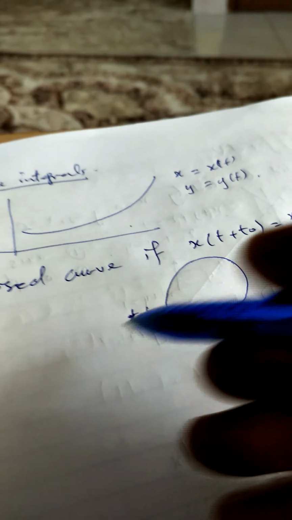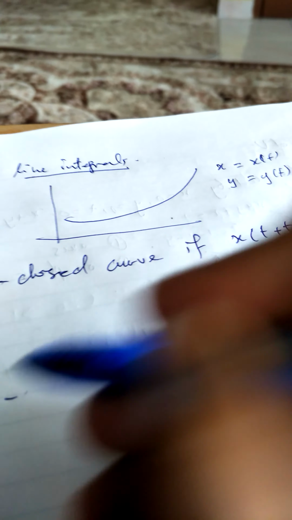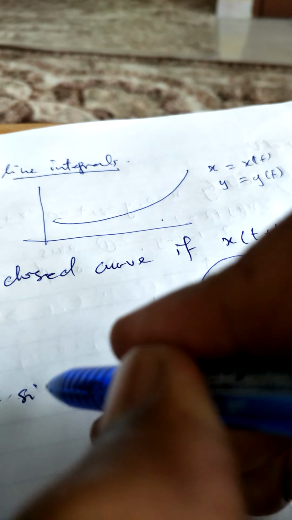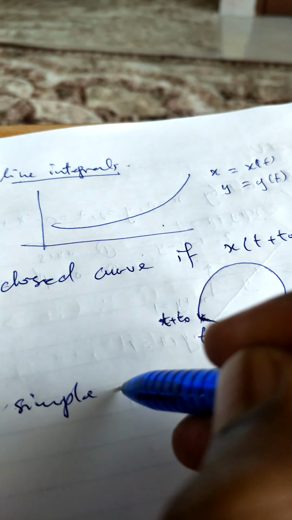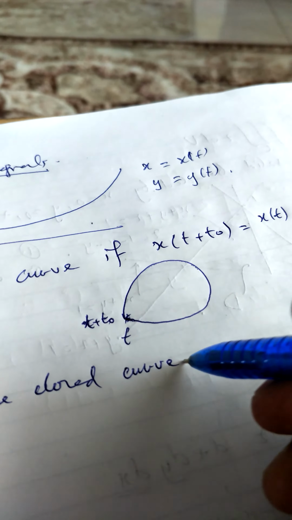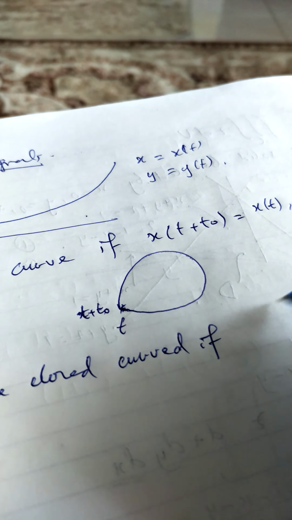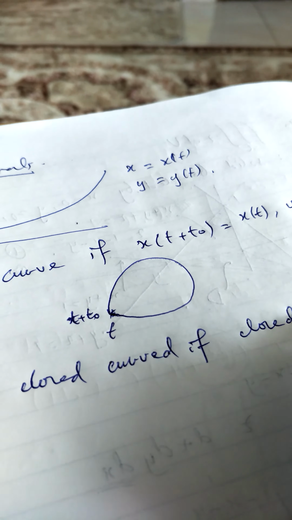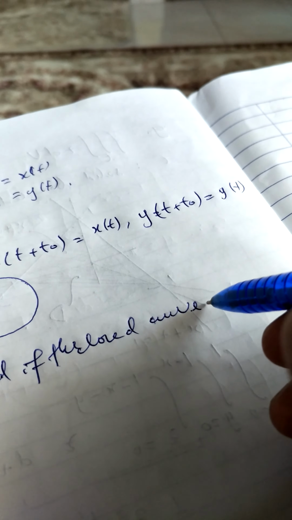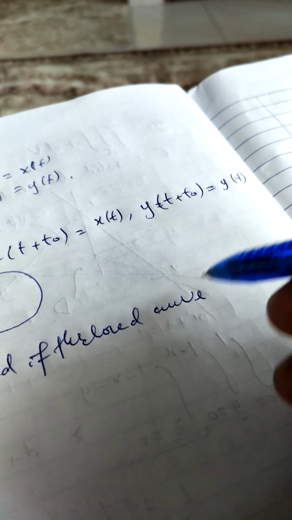And a closed curve, we say it is a simple closed curve if the closed curve does not intersect itself.